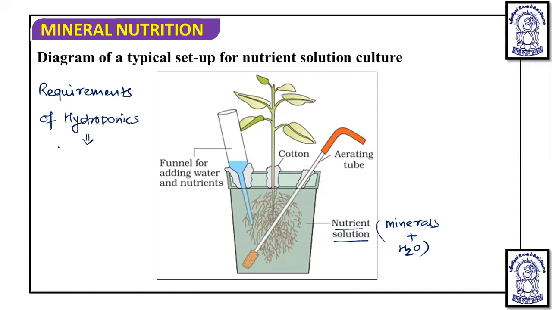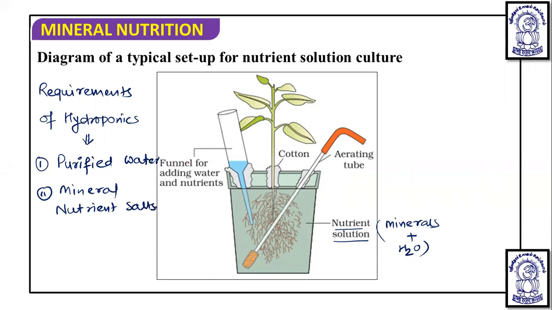If we talk about the requirements of hydroponics, number one is purified water. Number two is mineral nutrient salts. And third is aeration.